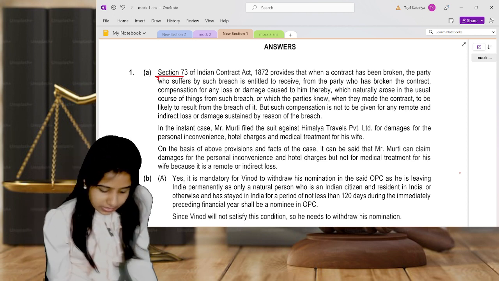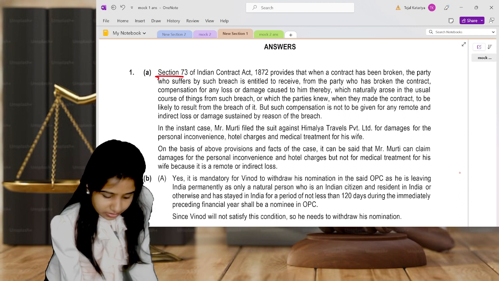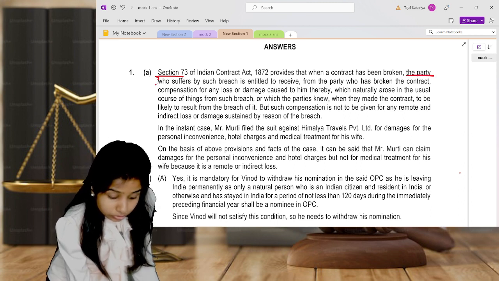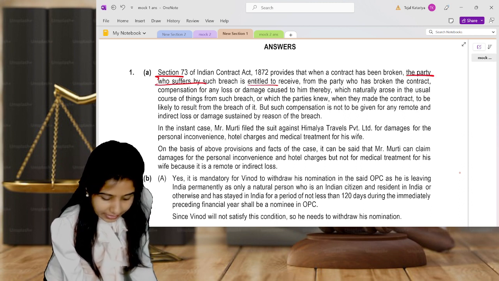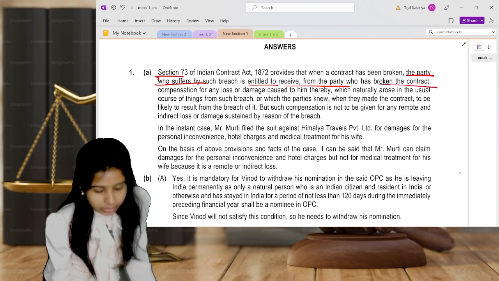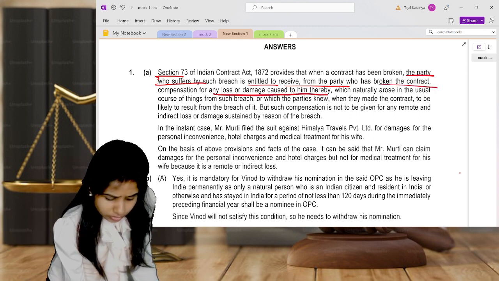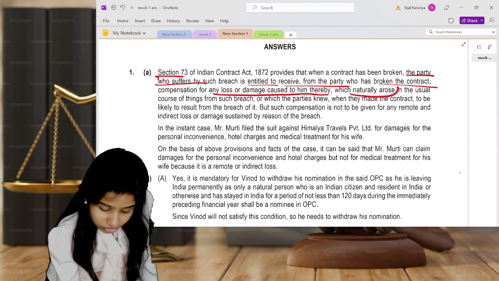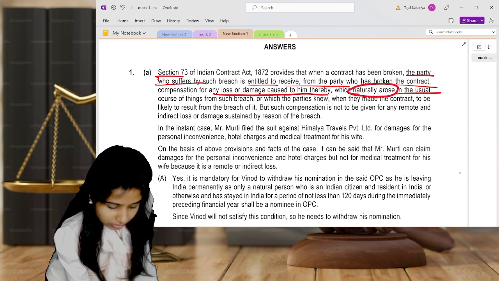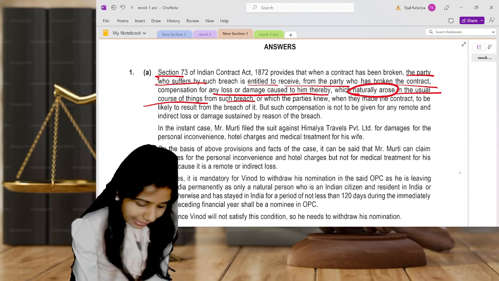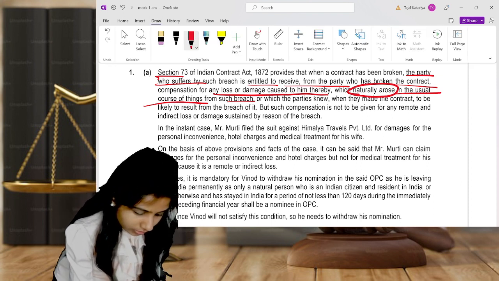According to section 73, the party who suffers by such breach is entitled to receive from the party who has broken the contract compensation for any loss or damage caused to him, which naturally arose in the usual course of things. So this line was very, very important. Which one?